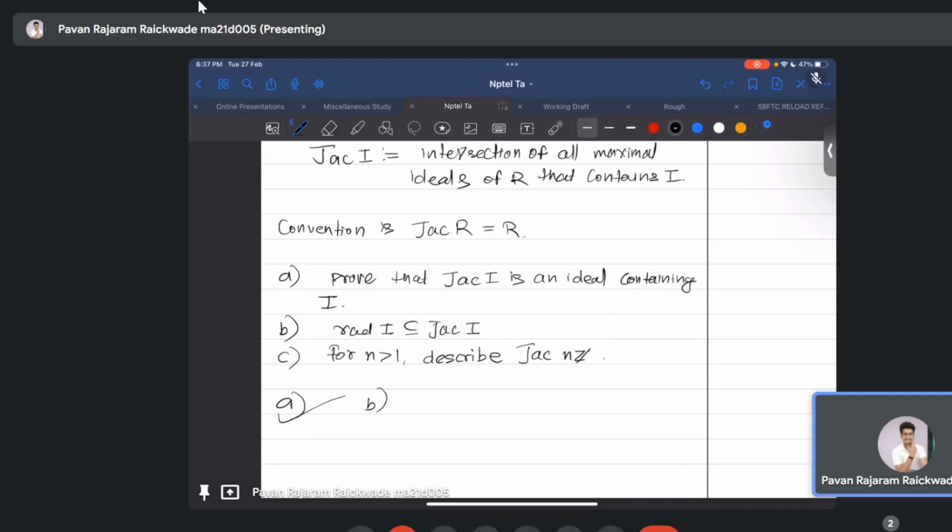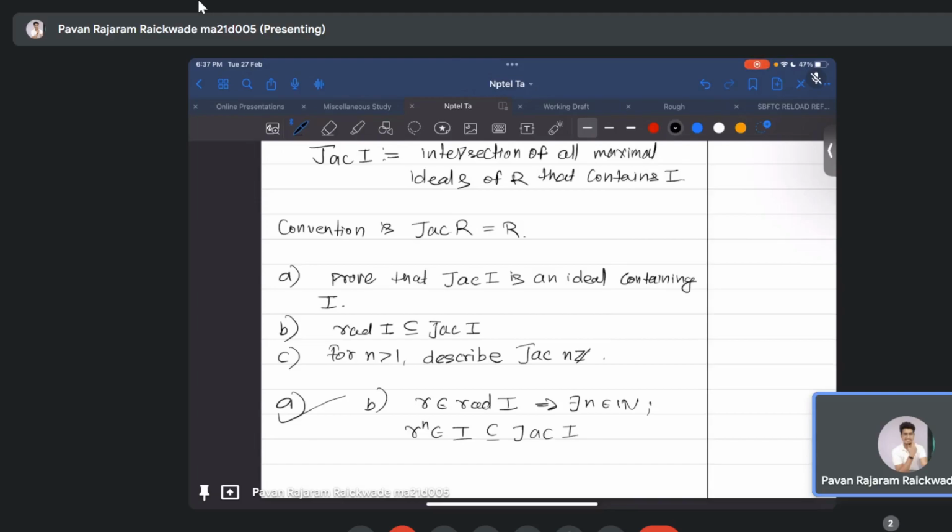Now part B. Suppose r belongs to rad I, right? This implies there exists n such that r to the power n belongs to I, which is contained in Jac(I).